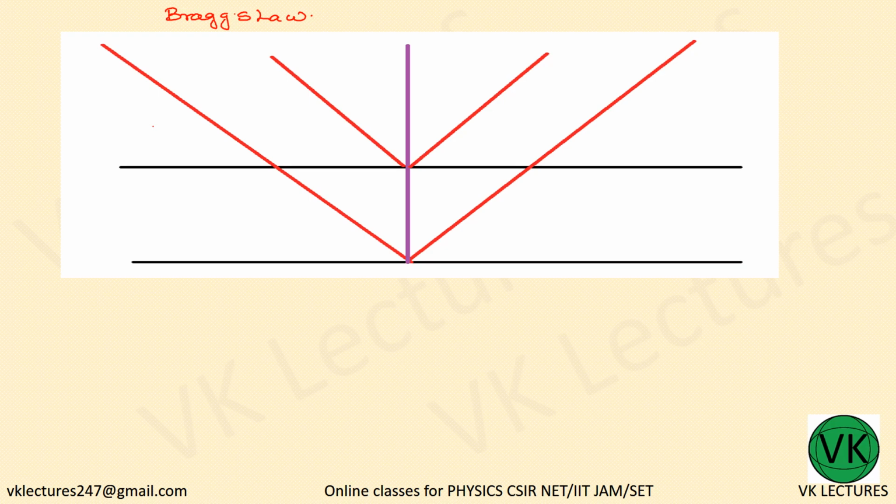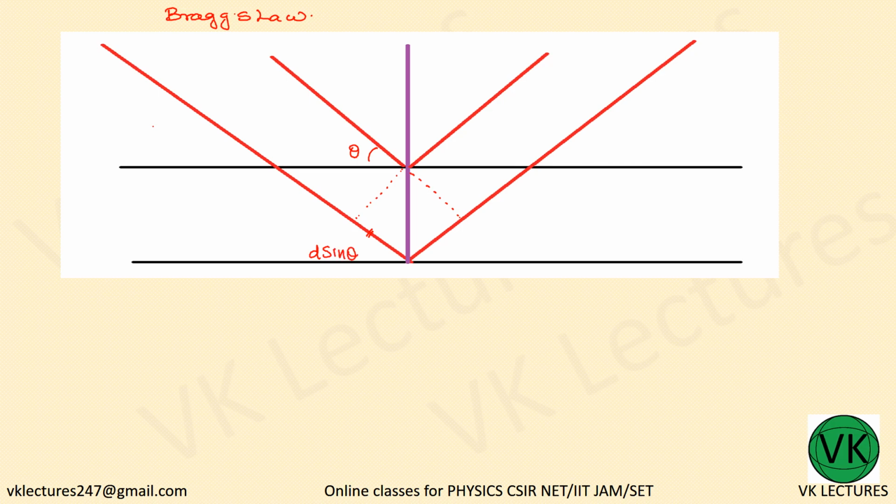Now, if this is the angle theta by which an incident ray makes with the normal, then this particular point, this one is equal to d sine theta.